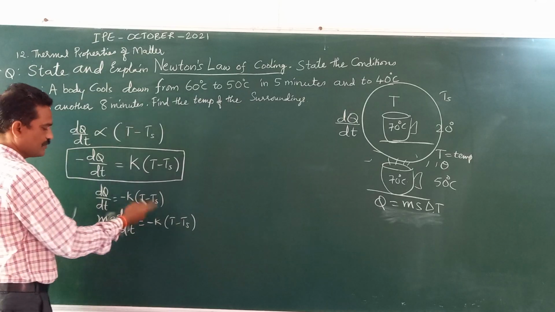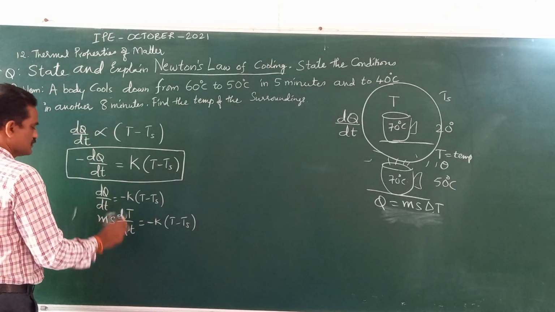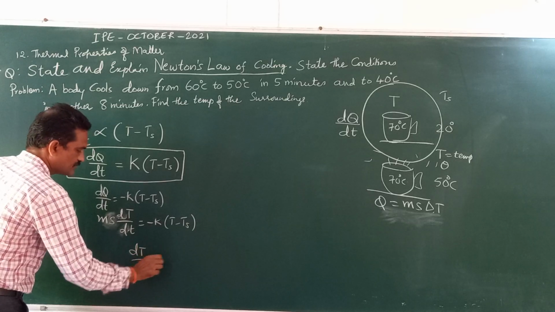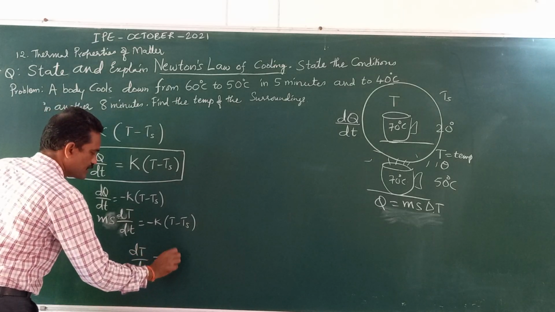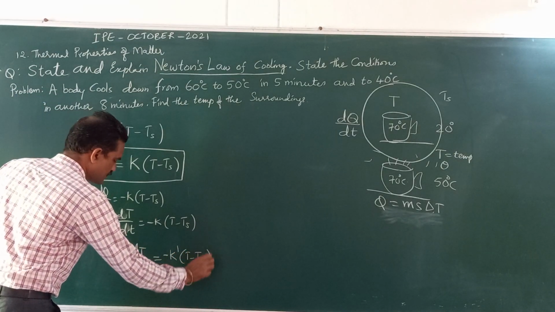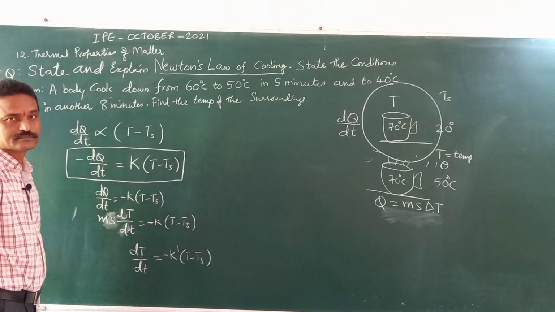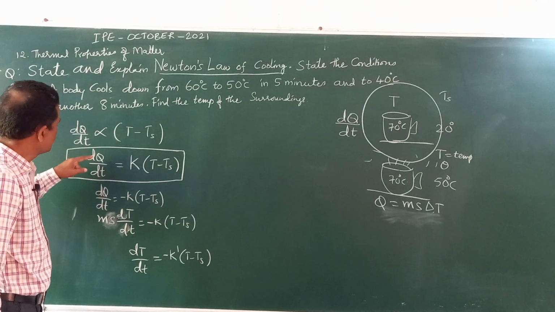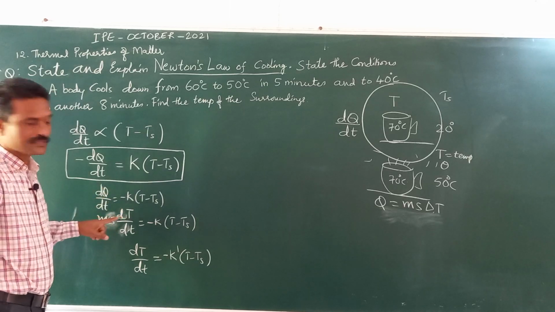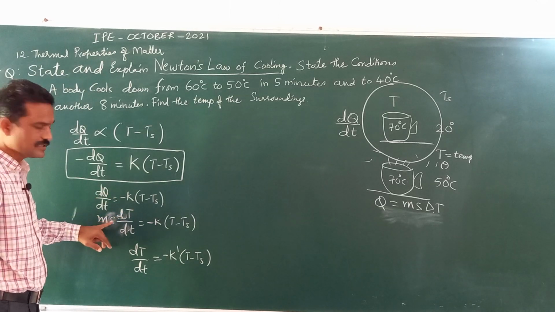I will replace k by m s by a new constant. So dT by dt is equal to some constant k prime into T minus Ts. So I am writing in terms of temperatures and time. Now here I am replacing Q by m s dT. Here m stands for mass, s stands for specific heat.